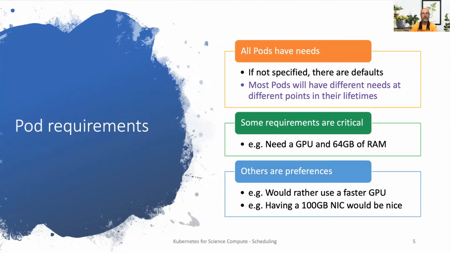All pods will have some requirements. And even if you don't specify them, you will need at least something. And in most Kubernetes clusters, if you don't specify any requirements, some defaults will be put in place. In our tutorial cluster, actually, you need to put requirements, or our API server will reject the request.